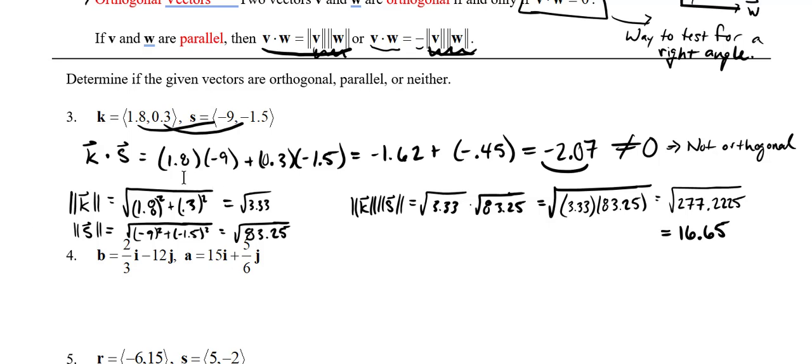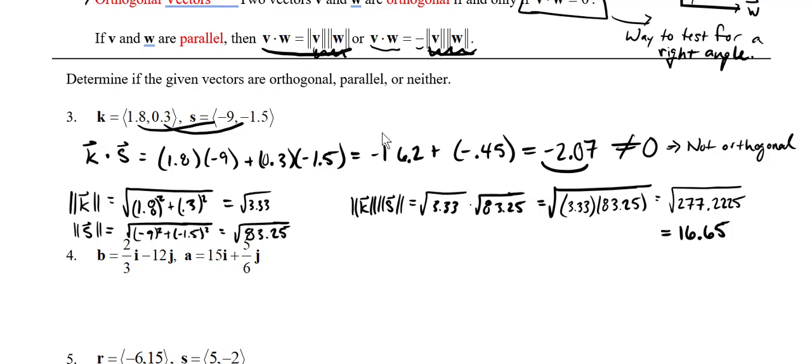So let me make sure I calculate everything correctly. Oh, I don't think I did. Let me go back and calculate my dot product again. I think I did something incorrect here. 1.8 times -9, that's not -1.62. Let me redo this. 1.8 times -9 is -16.2.